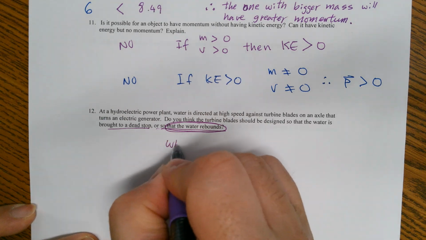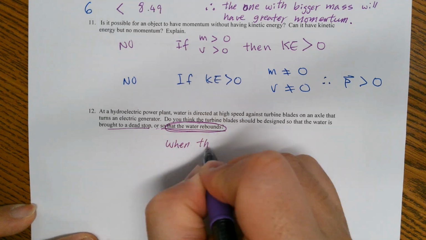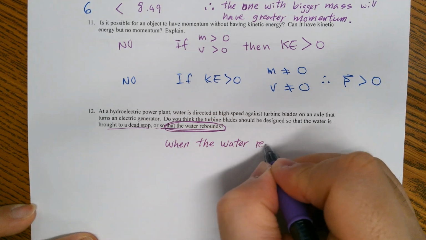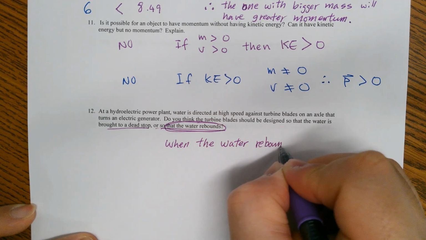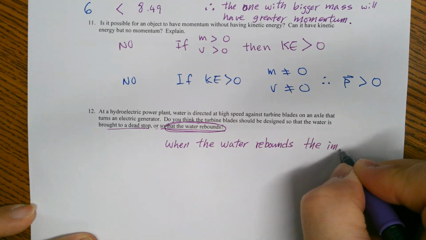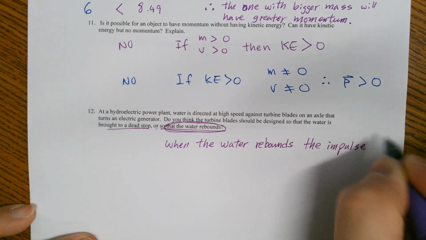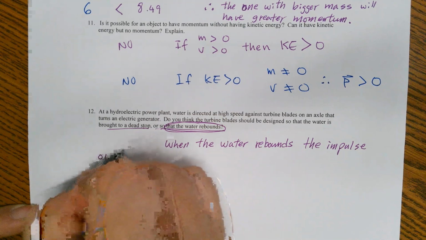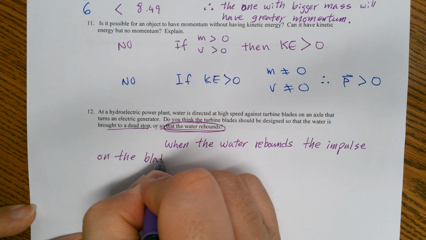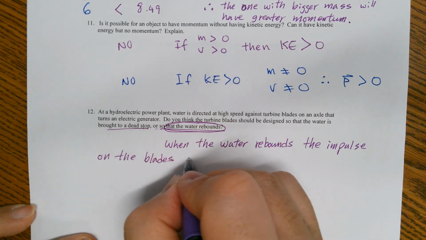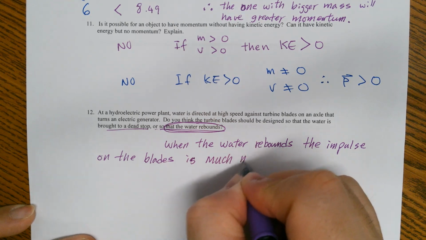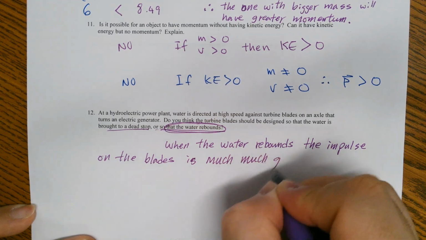So when the water rebounds, the impulse on the blade is much, much greater.